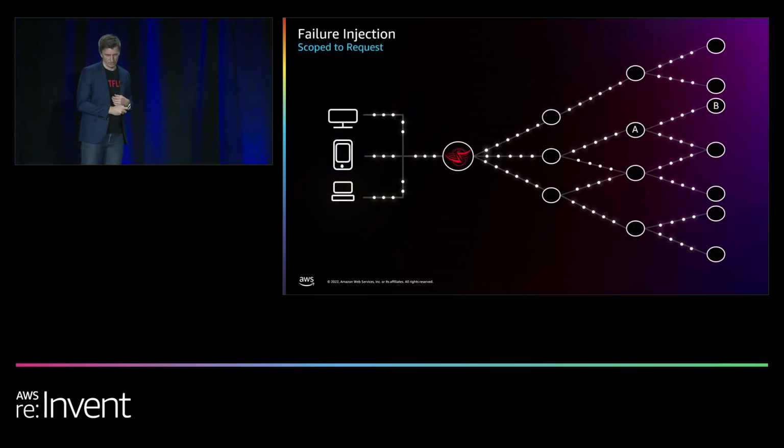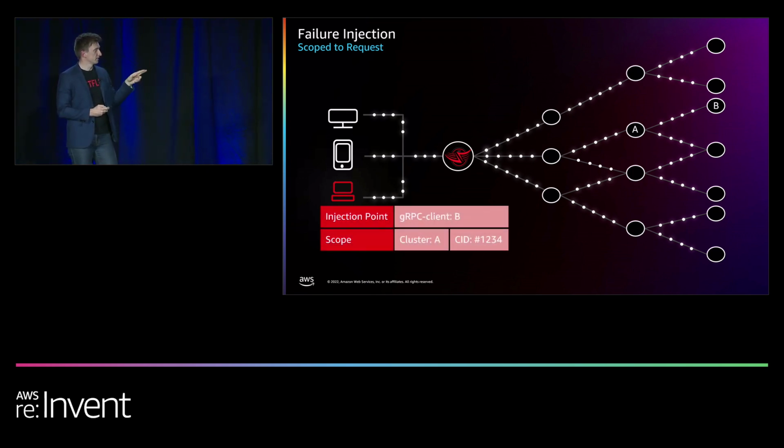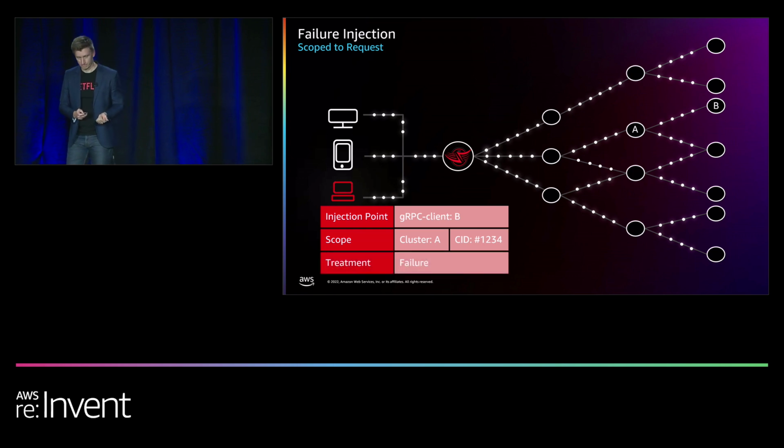Here's another example that we have. If we revisit the scenario, but we want to fail only those requests coming from a single device, we still define the injection point as the gRPC client talking to service B. But in the scope, not only do we say cluster A, but we also define that only the requests coming from the customer ID of this particular device will get the treatment, which will be the failure.